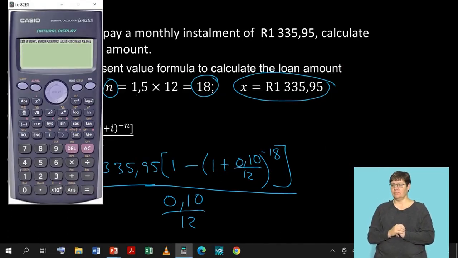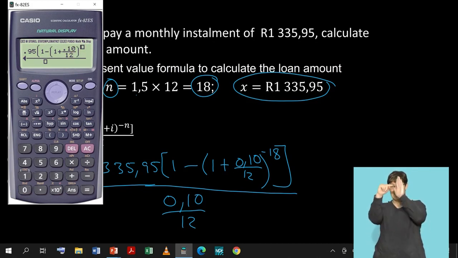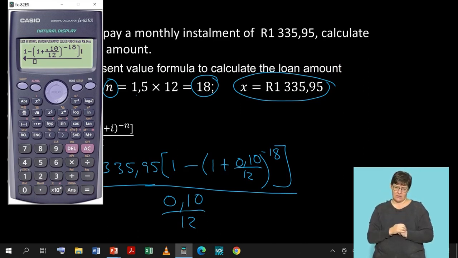So on my calculator, I will first start with the fraction 1335.95, open the bracket, 1 minus another bracket, 1 plus, this is 0.10 over 12, all raised to a negative number. Please make sure that, negative because of the fact that this is a reverse calculation, right?